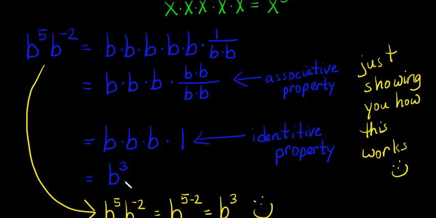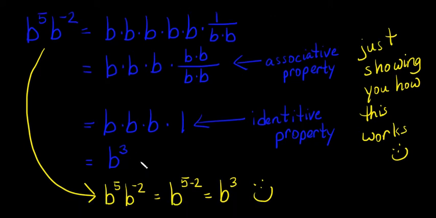And it ends up being b cubed. So in essence, you can just subtract those exponents. The original problem was b to the 5 minus 2, which is b cubed. There's a happy face. This is all you'll be doing. I'm just showing you how it works right here.